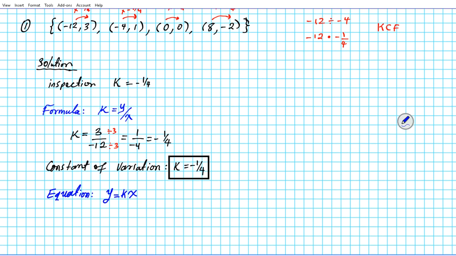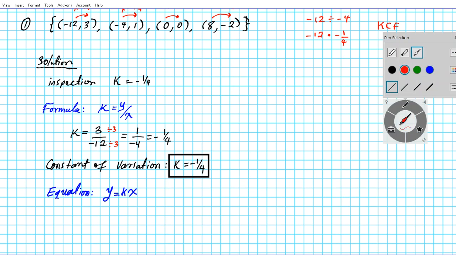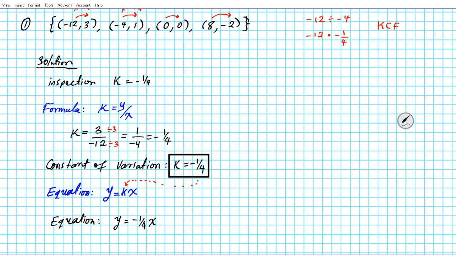So all we are going to do is take the k value that we just found and plug it into this formula right here. So our final answer, the equation, for this particular direct variation, is y equals k, which is -1/4, times x. And that is the answer to the second part.